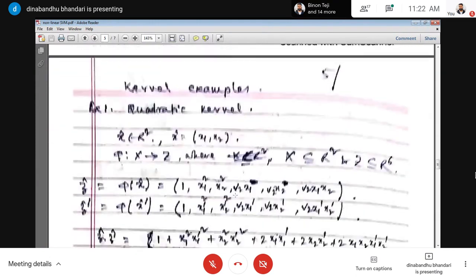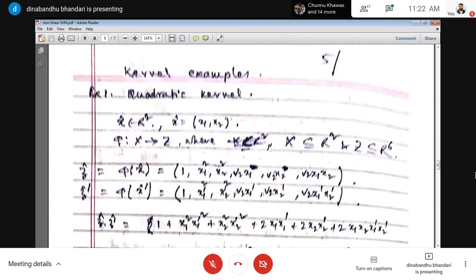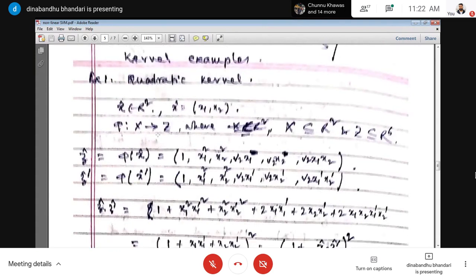Now there is one kernel example. Maybe the scanning was a problem, however, we can live with it. Suppose we have a point x in 2 dimensions. X space is 2-dimensional, and we have got two components, x1 and x2. And phi is a mapping from x to z space, where x belongs to R2, the 2-dimensional real space, and z is the 6-dimensional real space.